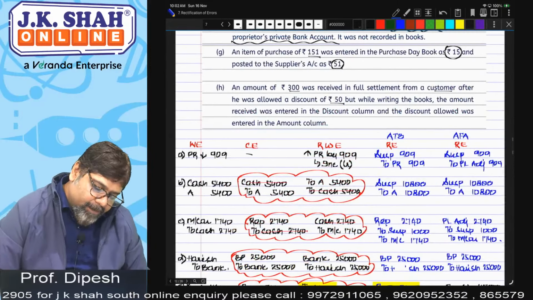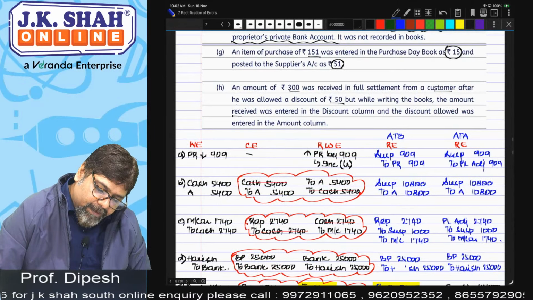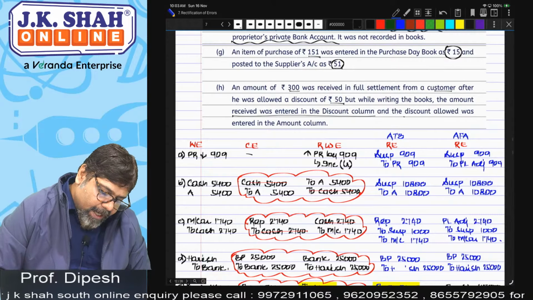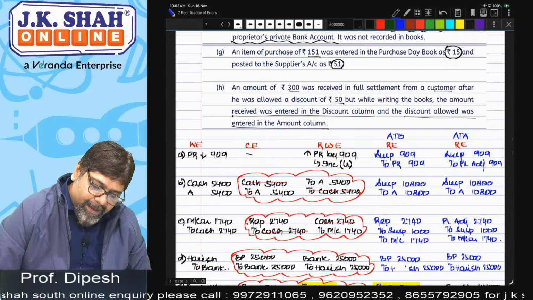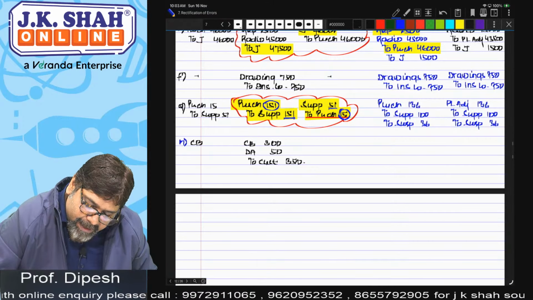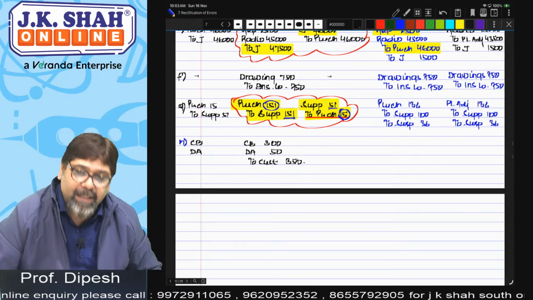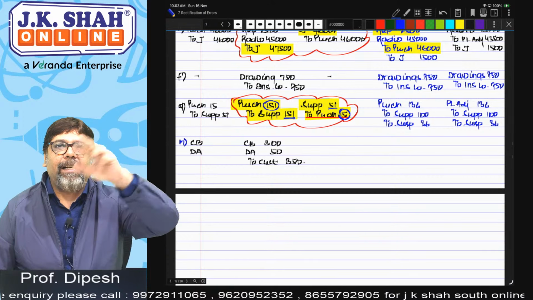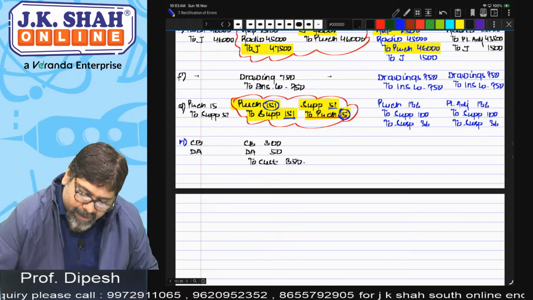What did the clerk do? While writing in the book, the amount received was entered in the discount column and the discount allowed was entered in the amount column. So the cash bank and discount allowed amounts are interchanged.